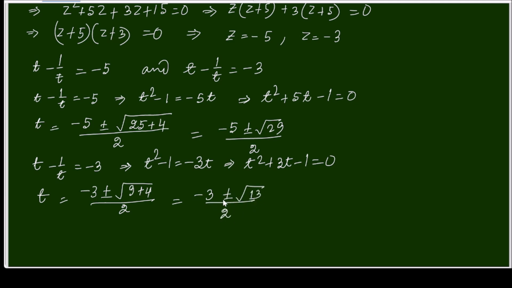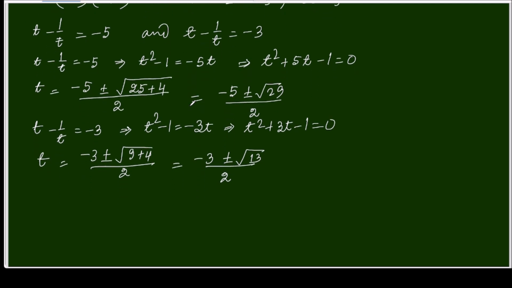Now we have to be very careful because we are getting 4 solutions of t. But what was t? t was e^x, and e^x is never negative. So we have to select only the values which give positive t.